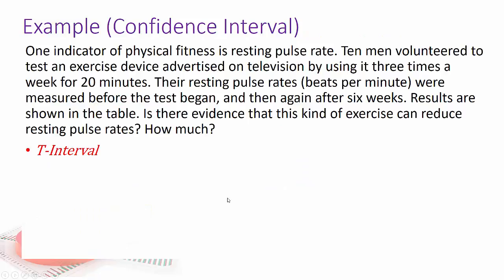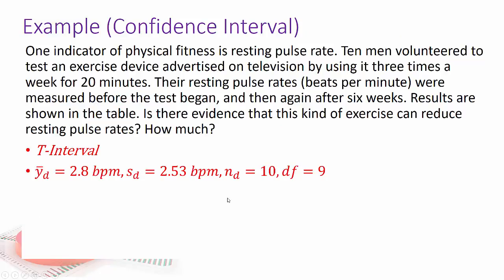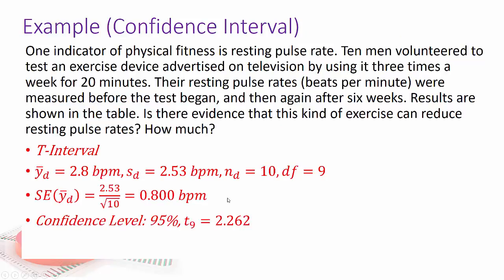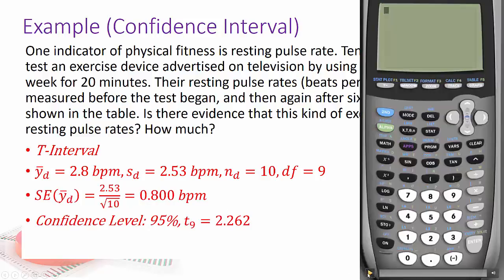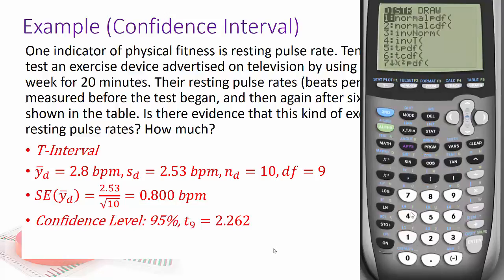So coming back to this, we're going to go ahead and do a t-interval. Here's all my data and my standard error. And here's my t-value for 9. Now, how did I get that t-value for 9? Technically, your calculator will spit this stuff out, but there are going to be problems where you have to calculate this t-value. So I'm going to hit second distribution, and instead of inverse norm, it's inverse t.